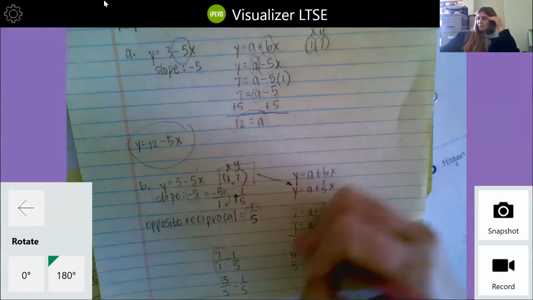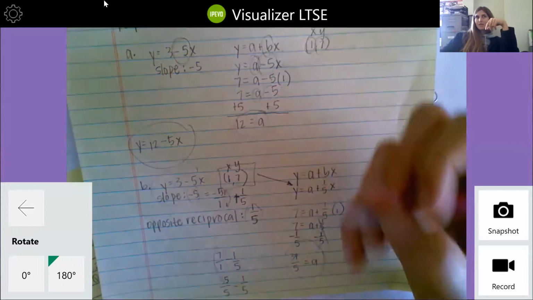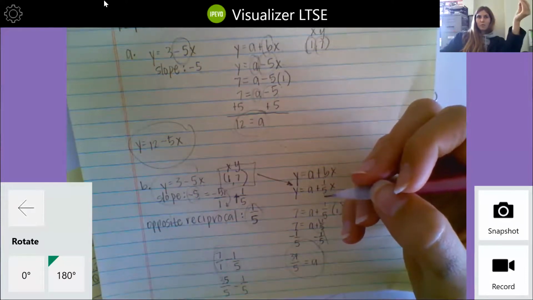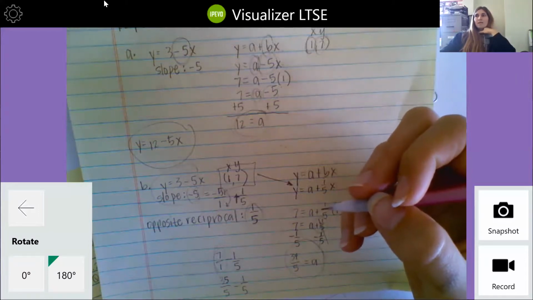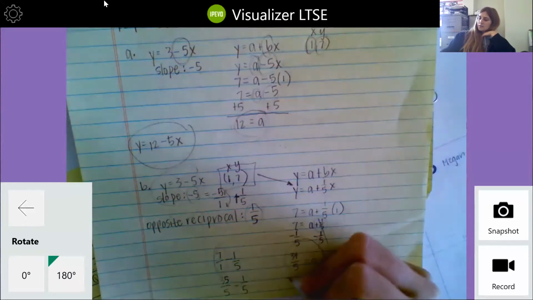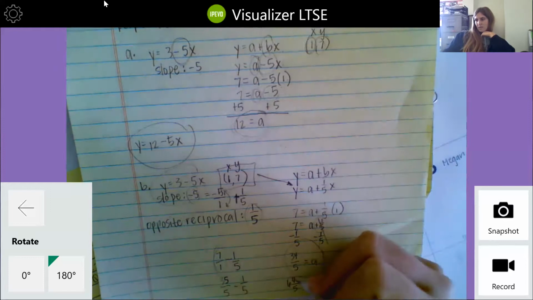That's my y-intercept. Another way to think about it: if I had 7 and I take away 1/5, that would leave me with 6 and 4/5. That's the same thing.